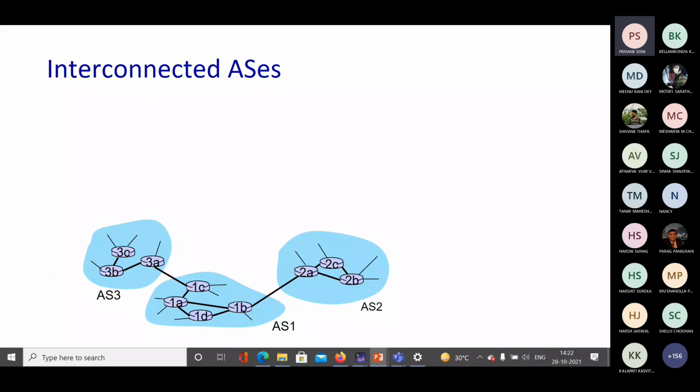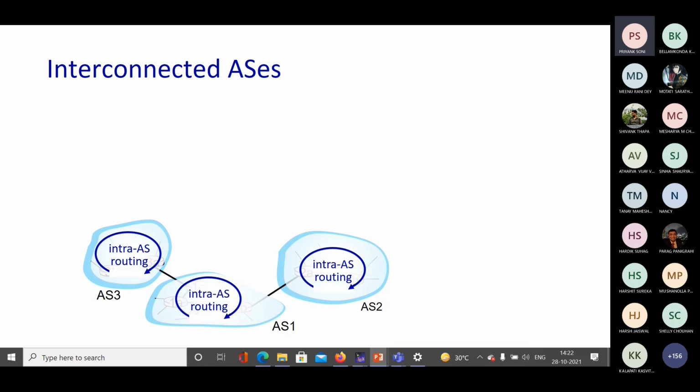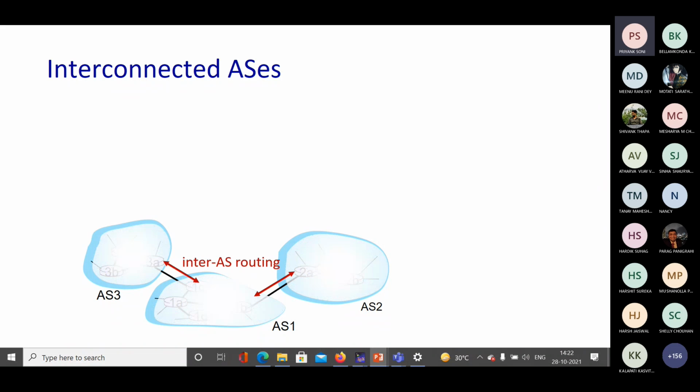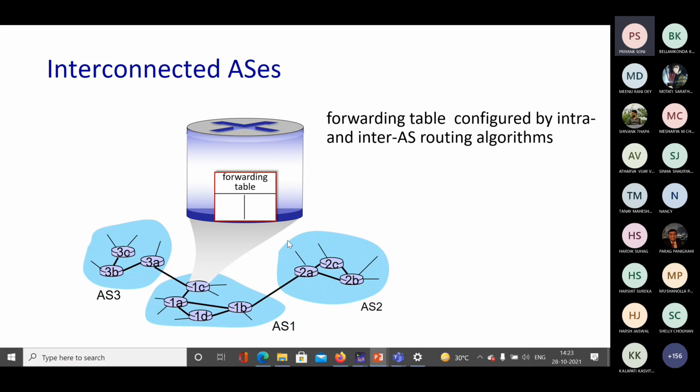So let's pictorially see about ASs. Here we have different ASs, that is AS1, 2 and 3. Within the same AS, we have the same kind of routing protocol, that is an intra-AS routing protocol. Different ASs can have their different intra-AS routing protocols. Between different ASs, whenever we are routing, it is known as inter-AS routing, and that is done with the help of gateway routers. Now, how does a gateway router get information about which packet to send to which port?